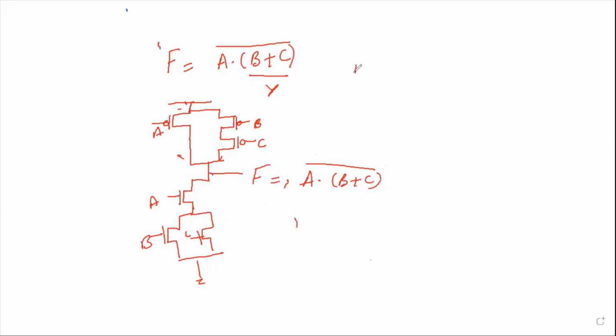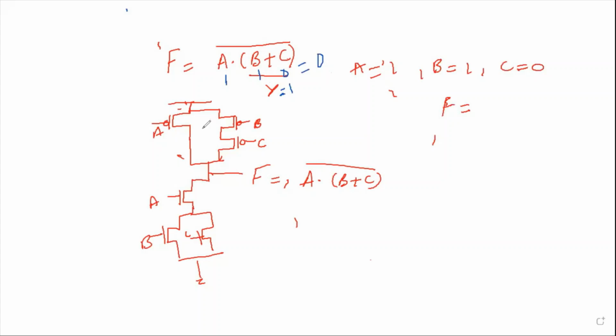If A is 1, B is 1, C is 0, then what should be the output F? A is 1, B is 1 and C is 0. So the output of this expression Y is going to be 1, 1 into 1 is 1, and inverted. So it gives me the output F equal to 0.